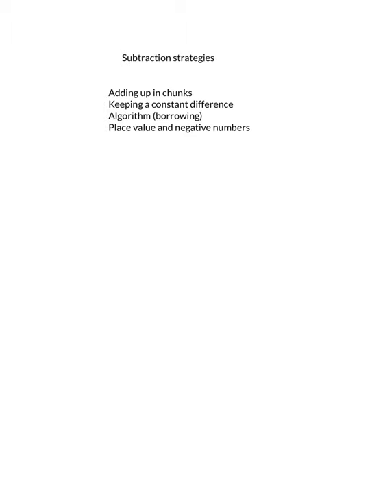So let's first look at adding up in chunks. What if we had 36 lose 17? If we think about this, well, from 17 we're going to end up at 36.